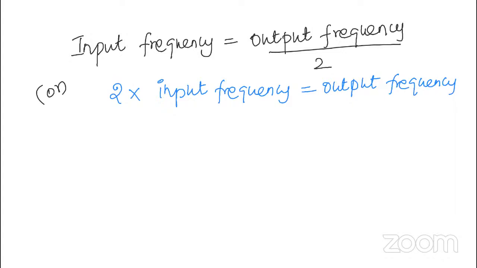So here for the efficiency of the full wave rectifier, if we give one wave, what is it converted into? It will be multiplied, that is 2. So if we gave 2 in the input, it should be 4, right? So what is the value of the efficiency of the half wave rectifier?